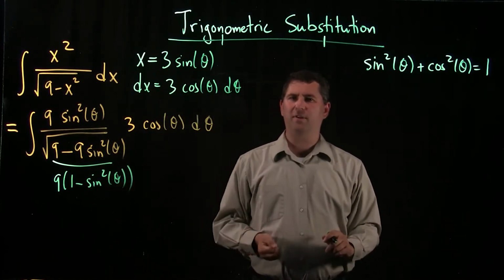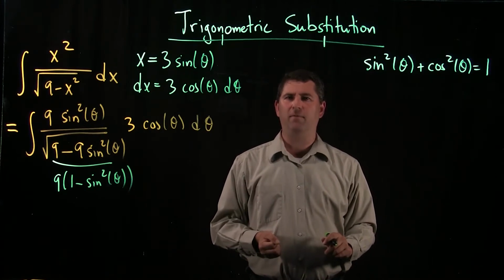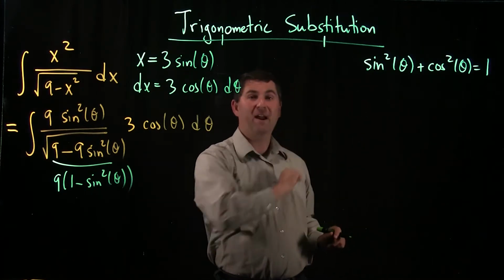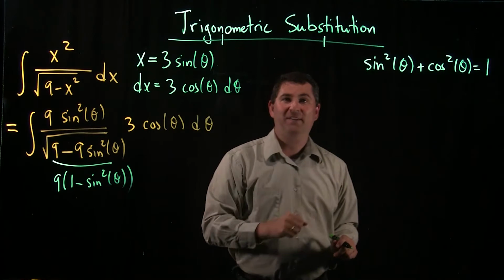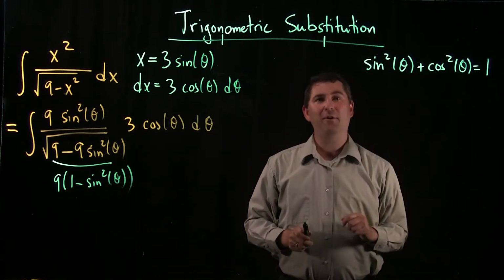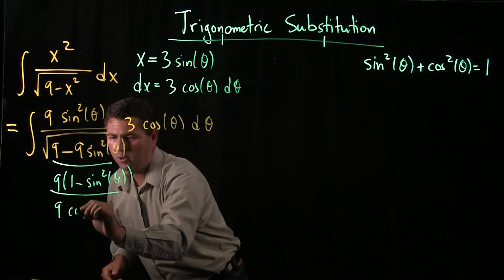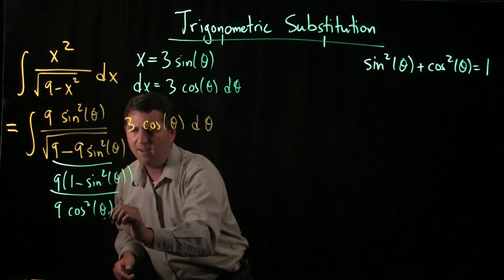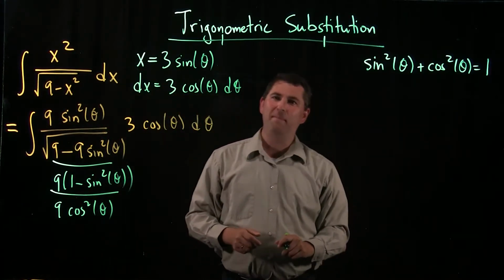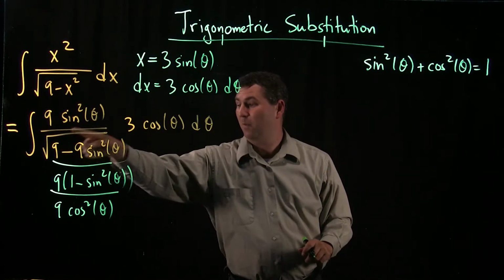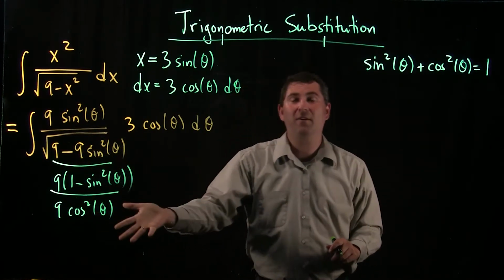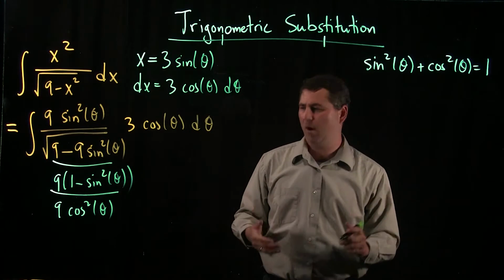Oh, we've seen that before. Yes, with our Pythagorean identity. 1 minus sine squared theta is cosine squared theta. So this becomes 9 cosine squared theta. And we're really happy about that because there's a square root and you have a square. You can take a square root of 9 cosine squared, no problem.